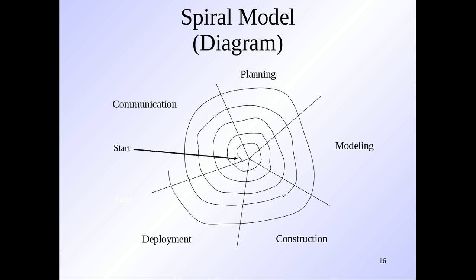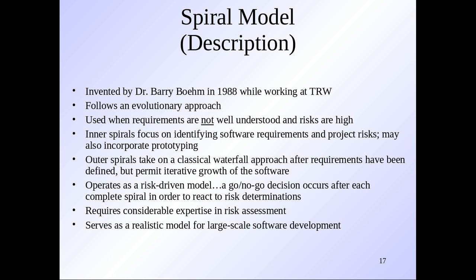The initial activity is shown from the center of the circle and developed in a clockwise direction, and each spiral of the model includes communication, planning, modeling, construction and deployment. So that should be part of your software development cycle. The spiral model was invented in 1988 by Dr. Barry.